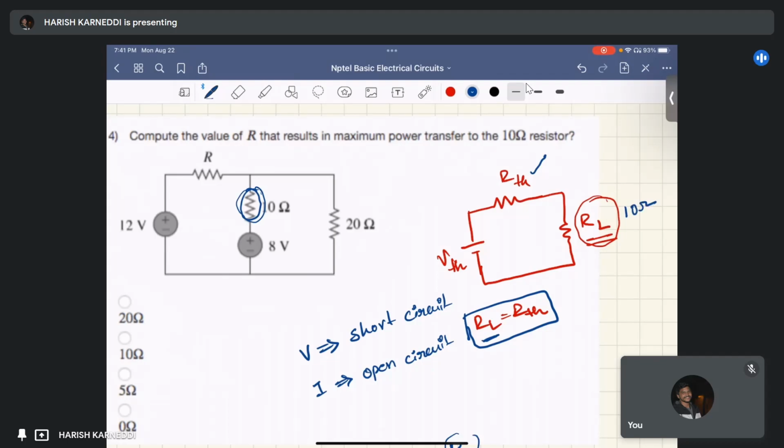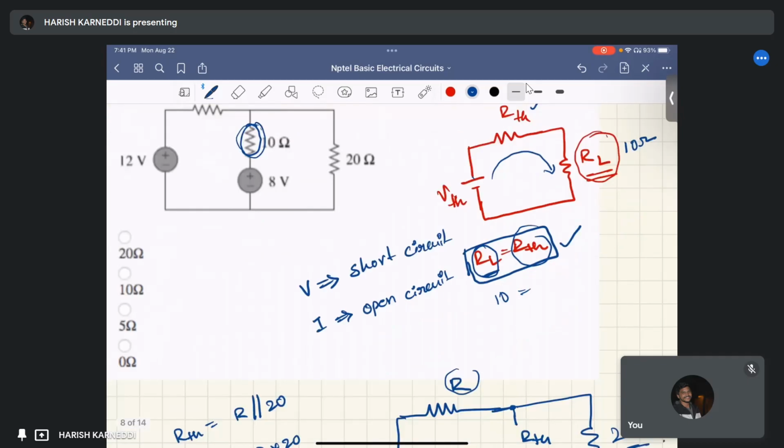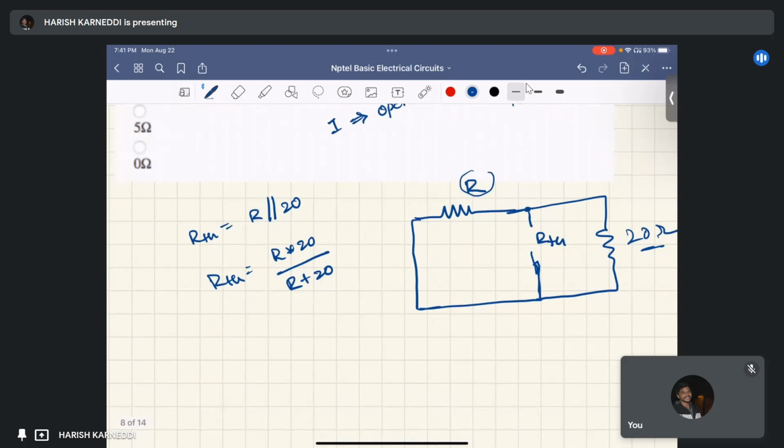To deliver the maximum power from VTH to this RL, the condition is RL equals RTH. Here RL equals 10 ohm, right? Then RTH, which we just found, equals R into 20 by R plus 20. It should equal 10 ohm to deliver maximum power.